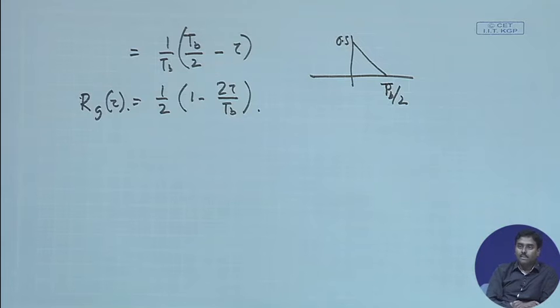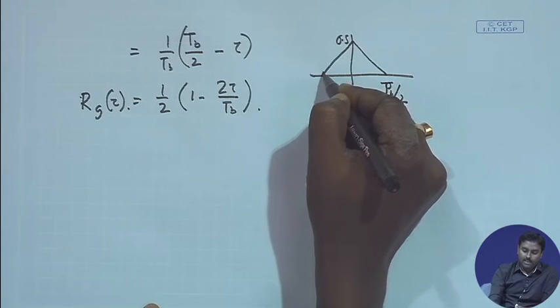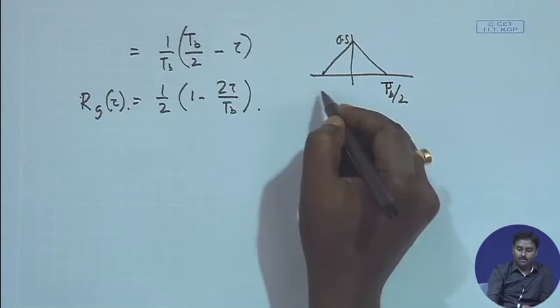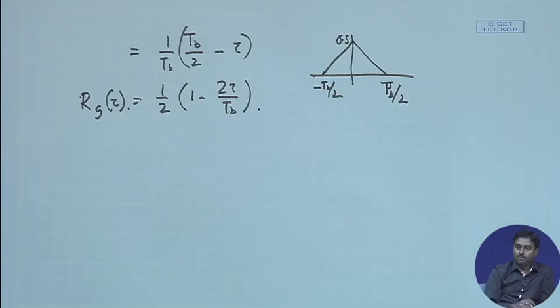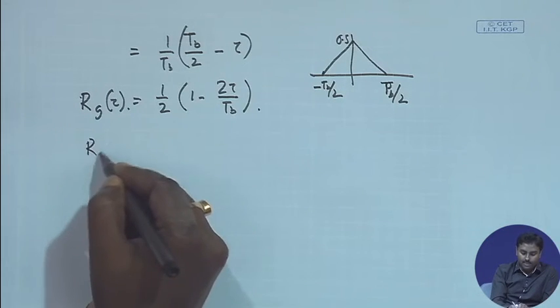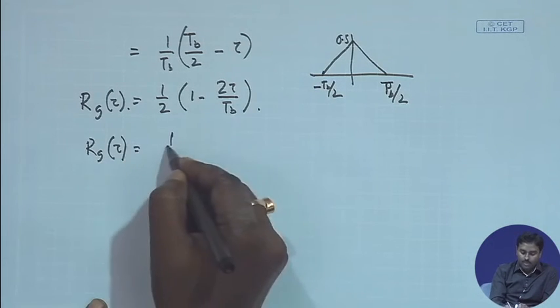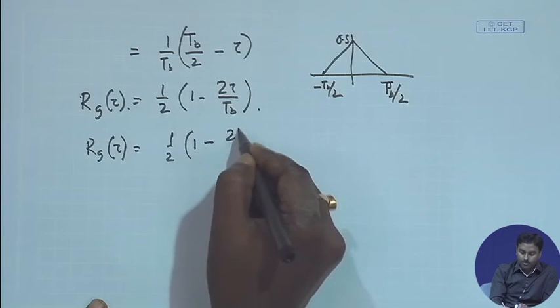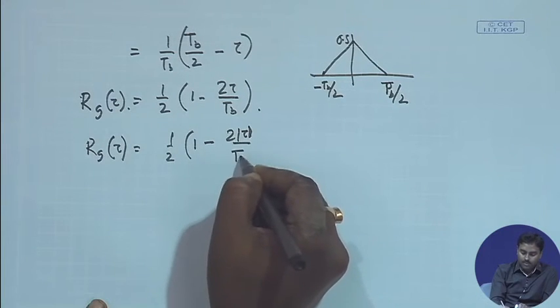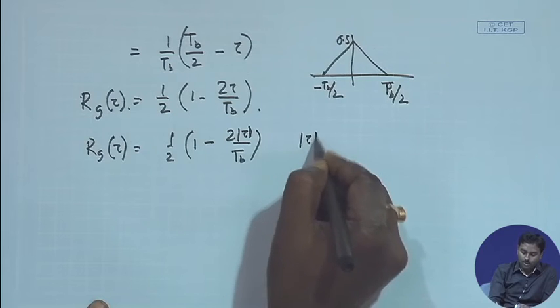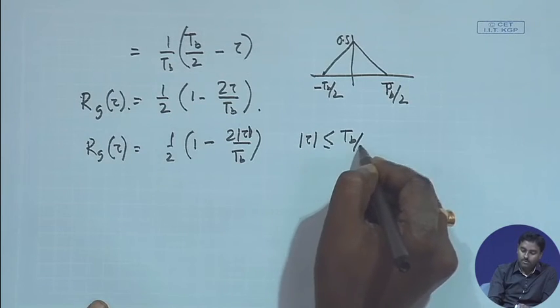Because it is Rg(tau), we have already proven that it is an even symmetric function, so it should be exactly like this up to minus Tb by 2. So, we can write Rg(tau) equals half into 1 minus 2 mod tau divided by Tb, as long as mod tau is less than or equal to Tb by 2.